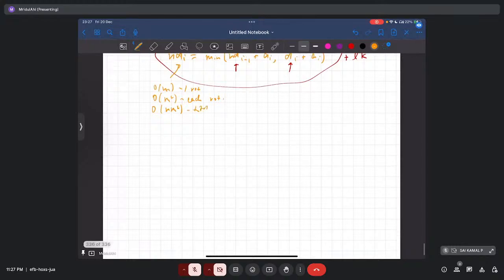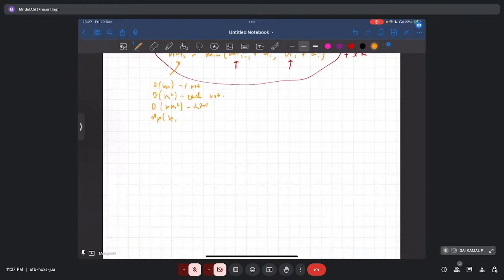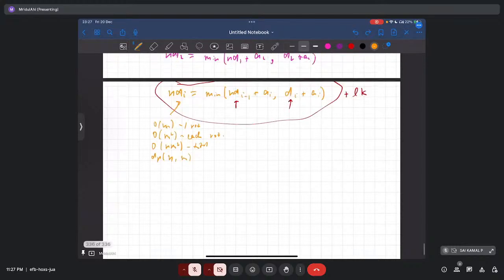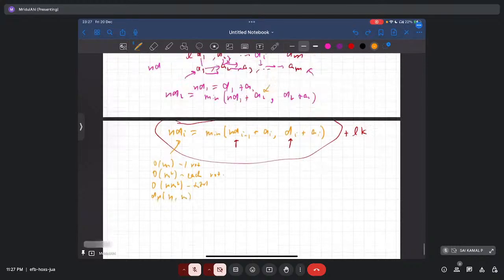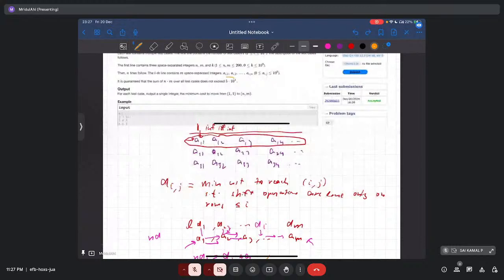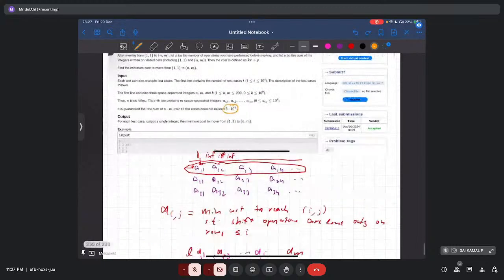In the end, we just output DP of the final row and final column. Since n m is bounded by 5 times 10 to the power 4 and m is bounded by 200, the summation of n m square is bounded by a value which is enough to pass within the constraints.